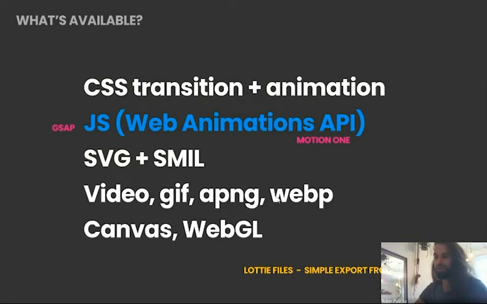You would like to create it visually. You would like to just click with the mouse and do the changes pretty fast. So you need something that allows you to extract the animations from After Effects and then use them on the web.